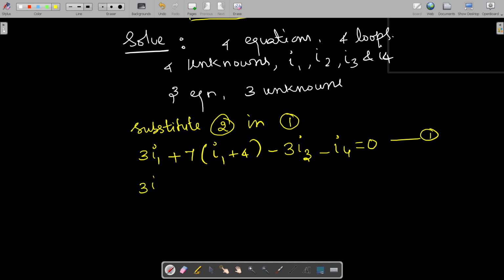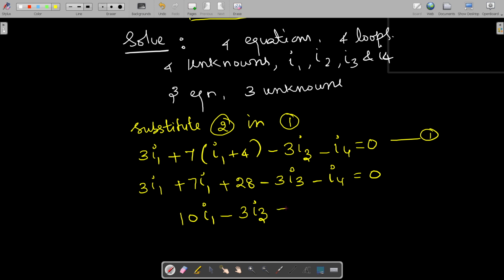So this is 3I1 plus 7I1 plus 28 minus 3I3 minus I4, that is equal to 0. So you can write it as 10I1 minus 3I3 minus I4, that is equal to minus 28. So this is our modified form of the first equation.